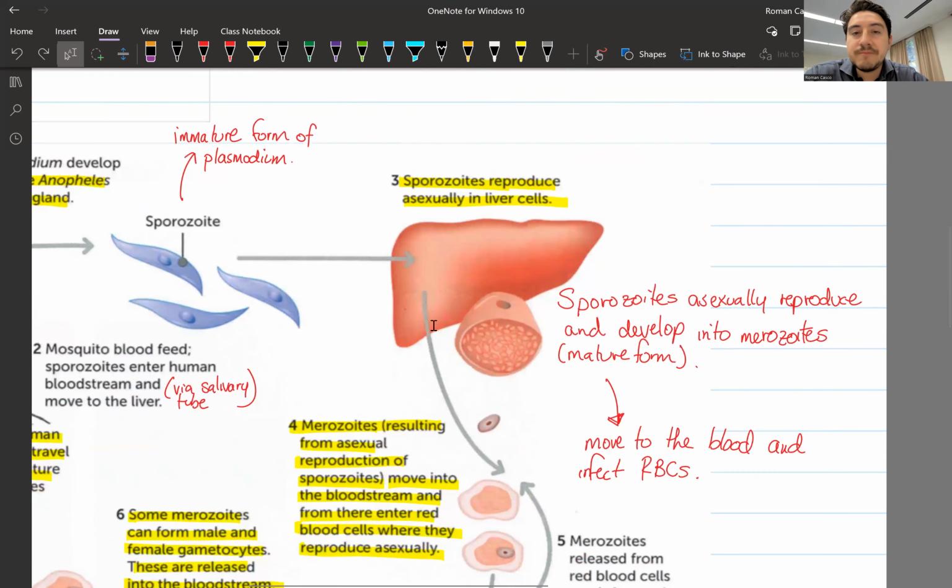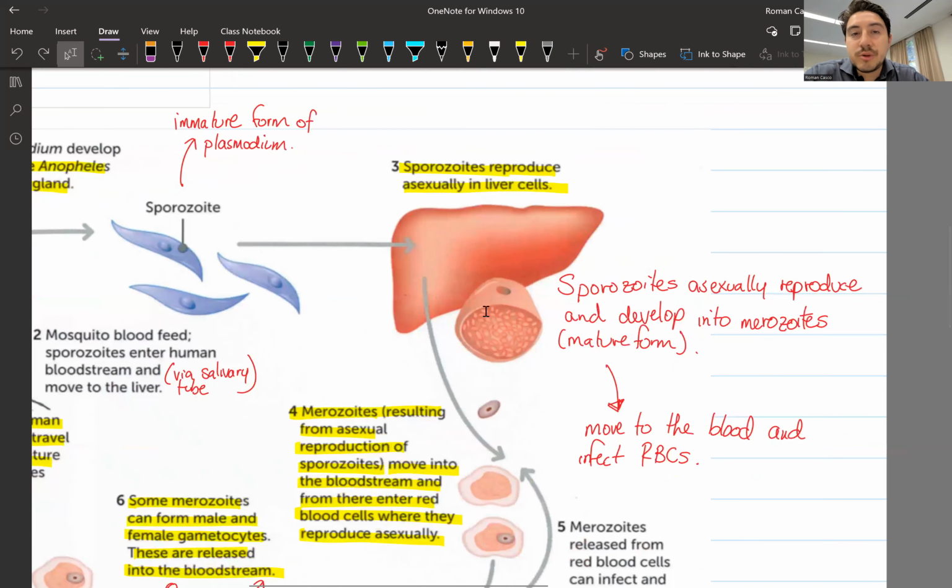Within the liver, they start to reproduce asexually. You want to have a large population growing, so here's where asexual reproduction is good, it's helpful. As they're maturing, reproducing asexually, and developing more and more, they produce what are called merozoites.